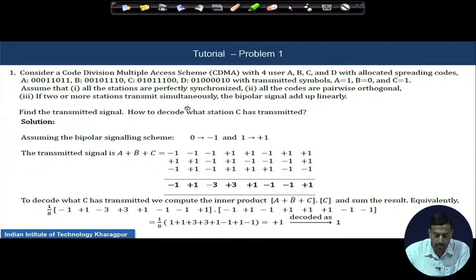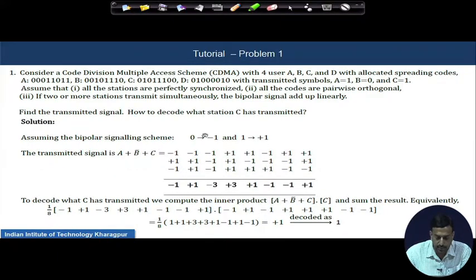Then we use the despreading procedure in order to decode the bit at the receiver from a given user. So as I said, in the bipolar signaling scheme, binary 0 is mapped to a -1 and a binary 1 is mapped to a +1 signal level.